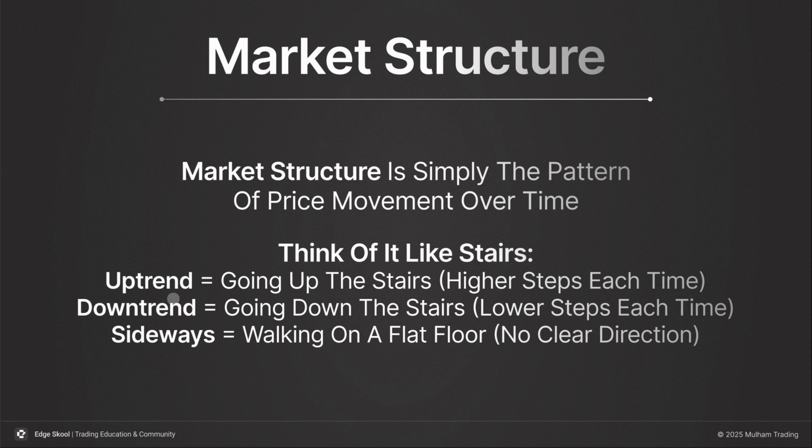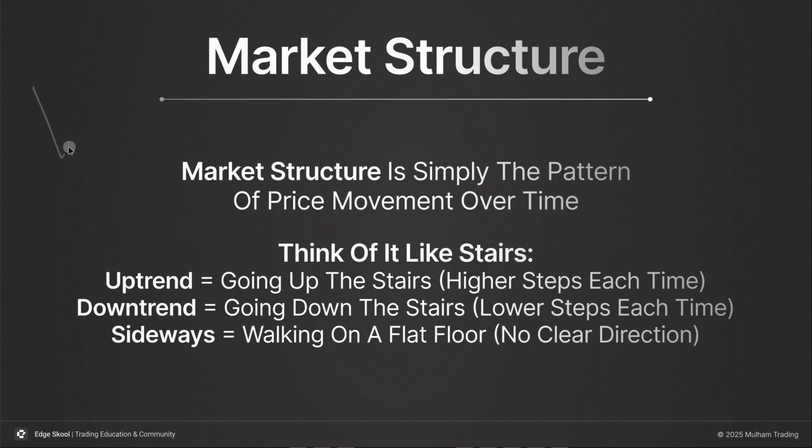Okay, so think of it like stairs. Uptrend is going up the stairs, which feels like higher steps each time. Downtrend is going down the stairs, that feels like lower steps each time. And then sideways is walking on a flat floor, so there's no clear direction. Now this is the stair. Uptrend is going higher every time.